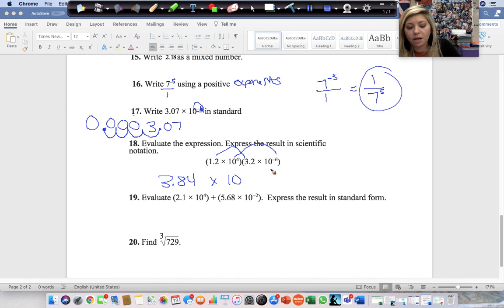So 4 plus negative 6 gives us negative 2. And we are done. This is already in scientific notation.